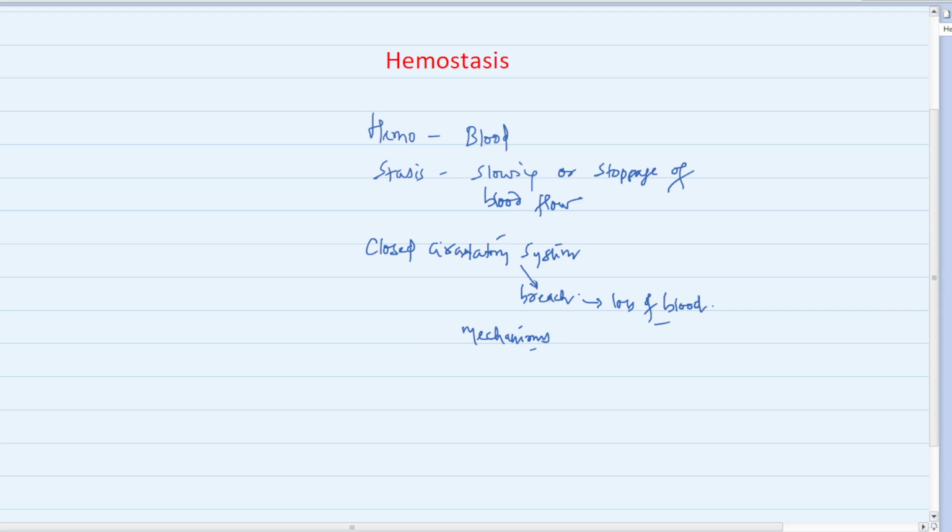Okay, so you got a breach, you need to plug the breach, and once you plug the breach and the work is done, you need to remove the system that came into play in plugging the breach in the first place. So those entire mechanisms come under hemostasis.